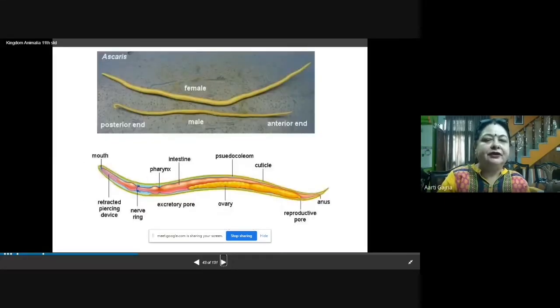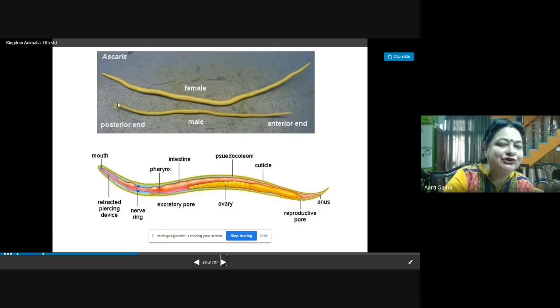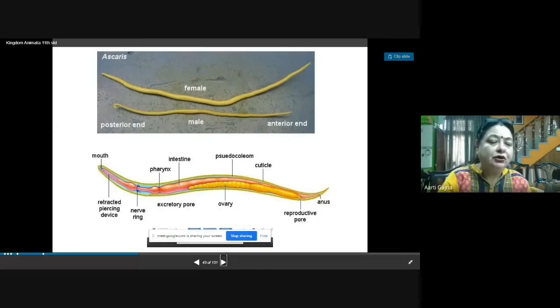If you see the diagram of female and male, here you can find this is the curved portion of the male, with penial setae. This helps in sexual reproduction, to hold the female for copulation.